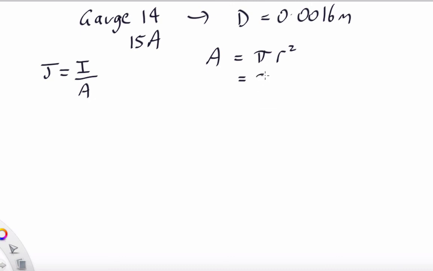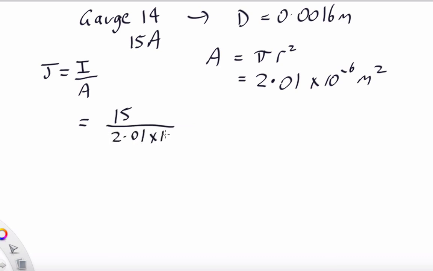That gives us a cross-sectional area of 2.01 by 10 to the minus 6 square metres. So current density will be 15 amps over this small cross-sectional area, which gives 7.5 by 10 to the 6 amps per square metre.